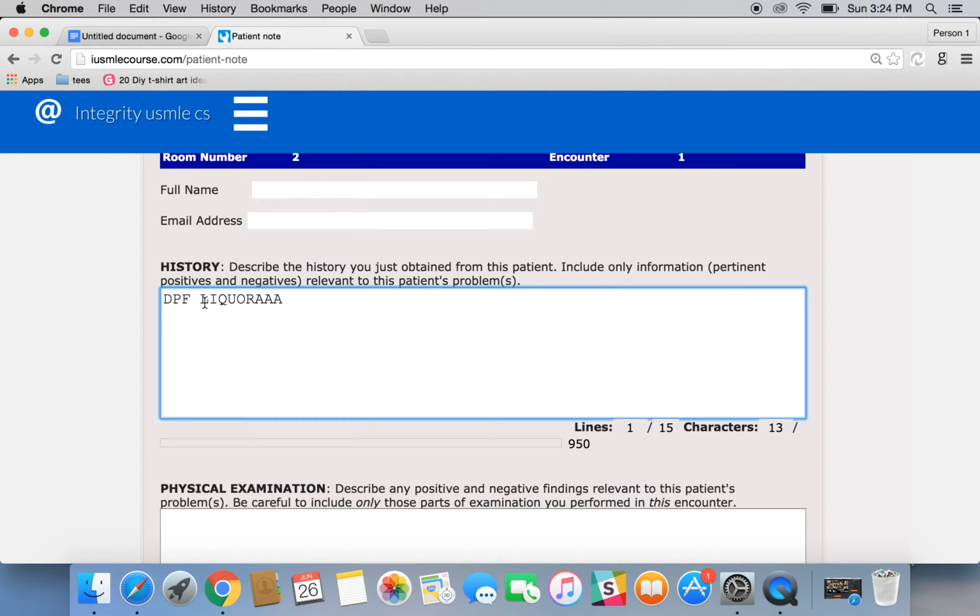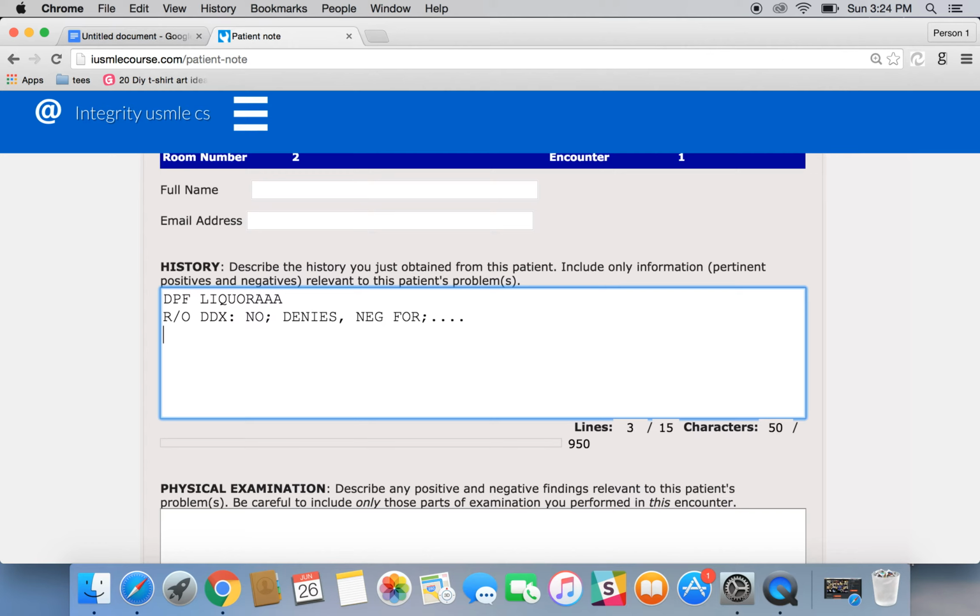Then location, intensity, quality, urinary symptoms, onset, radiation, aggravating factors, and associated factors. After this, we're going to rule out differential diagnoses by saying no, or denied, or negative for whatever I want to rule out.